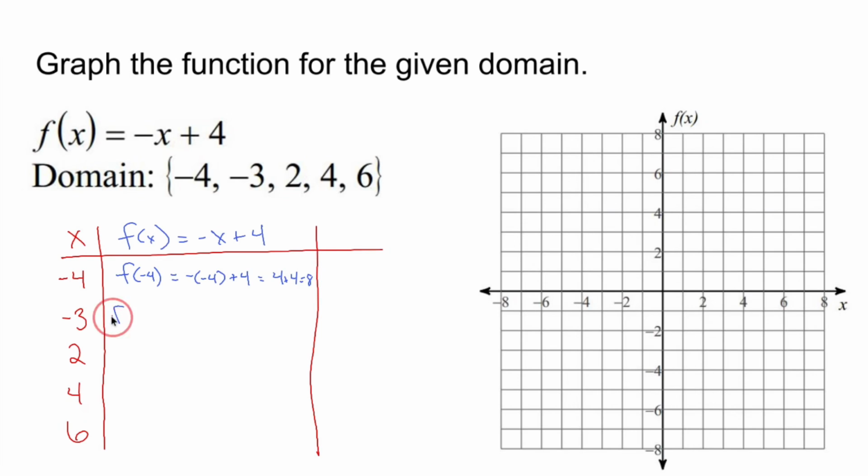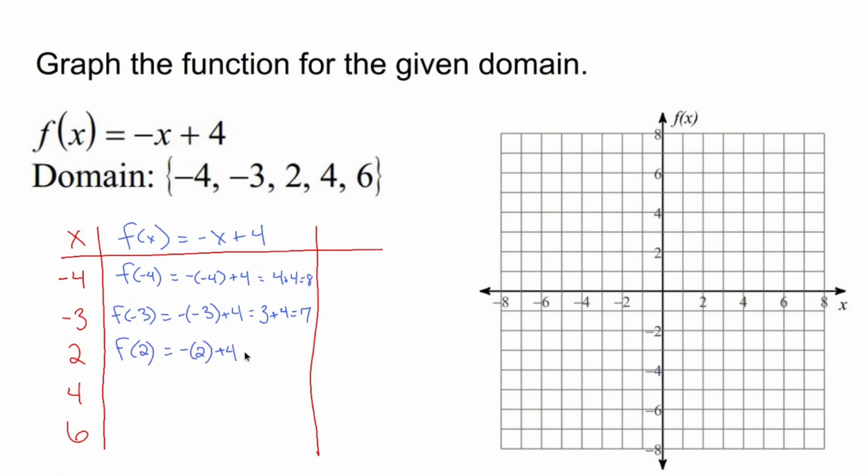Let's do it again. F of negative 3 equals negative parentheses negative 3 plus 4. So the double negative becomes positive 3, plus 4 is 7. Let's do it again. F of 2 equals negative parentheses 2 plus 4.